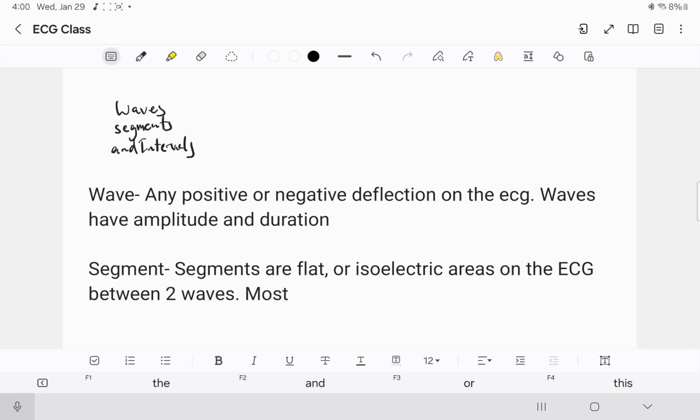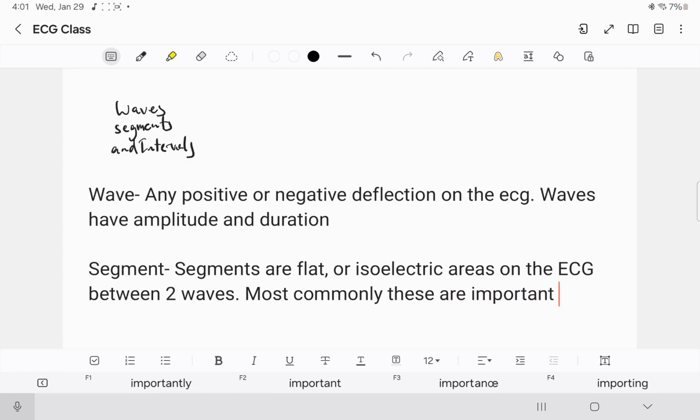Most commonly these are important due to duration and or amplitude.